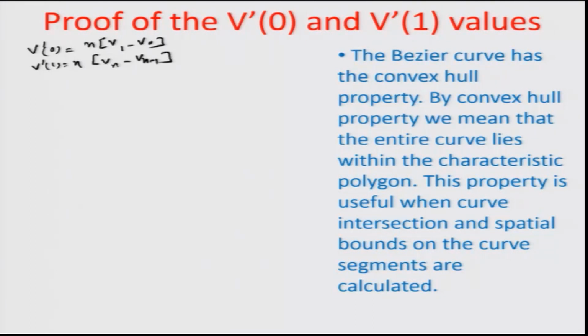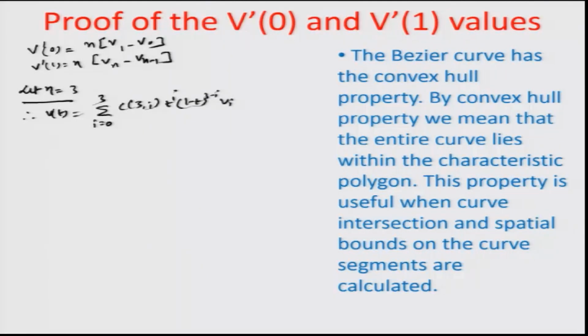So, suppose the number of points is 4 and the index n is 3. The Bezier function V(t) in that event can be written as the sum over i varying between 0 and 3 of C(3,i) t to the power of i, 1 minus t to the power of 3 minus i, V i.